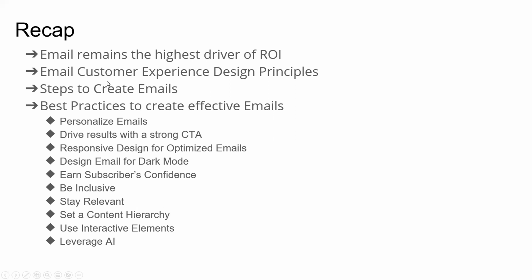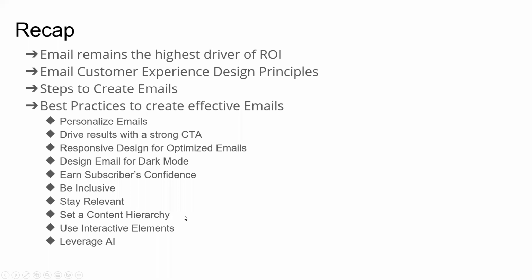So there are multiple steps that the email process goes through, and some of the best practices: the personalization, very important, the CTA, the responsive design for all the devices, the dark mode. And over a period of time, the email sent should earn the confidence of the subscriber, and the email should be inclusive, and the content should be relevant.